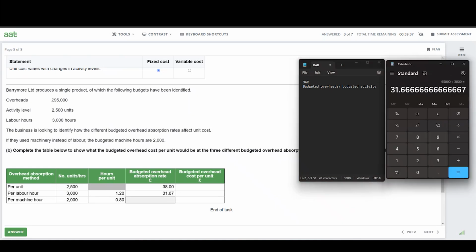And then our final budgeted overhead absorption rate is per machine hour. So £95,000, our overheads, divided by our activity, which is 2,000 hours. We've got that in our table, haven't we? 2,000 hours. So that means that the overhead absorption rate on a machine hour basis is £47.50.